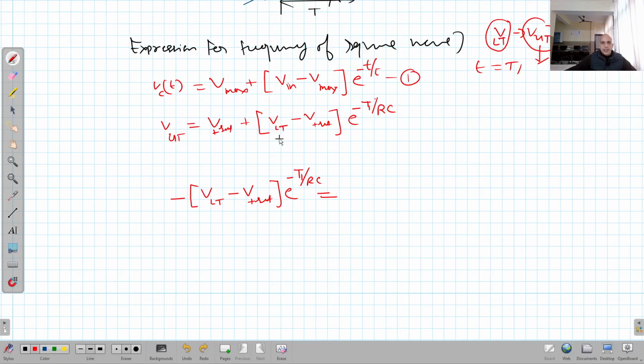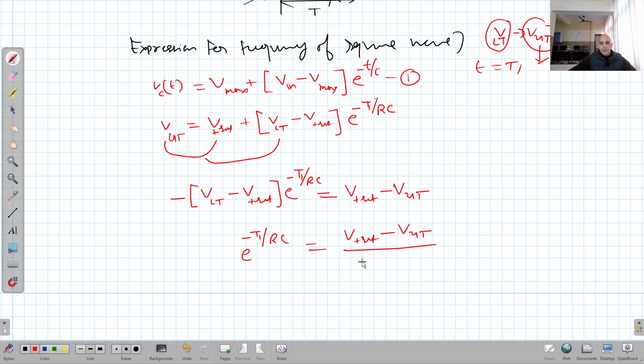Actually, I have taken this term toward this side and that term toward the other side. So it will become V plus saturation minus V upper threshold. If I further simplify, e raised to power minus t1 upon RC is equal to V plus saturation minus V upper threshold divided by this value.